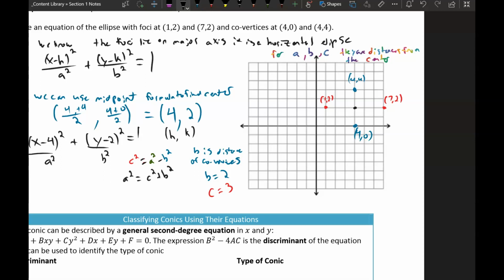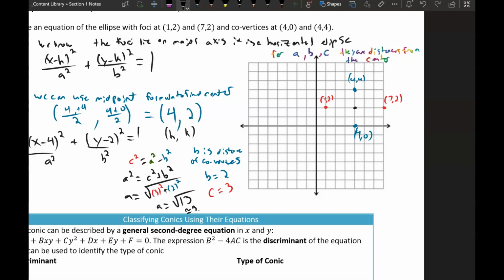Or A is going to equal the square root of 3 squared plus 2 squared. 3 squared is 9, 2 squared is 4, 9 plus 4, square root of 13, which is about 3.6.